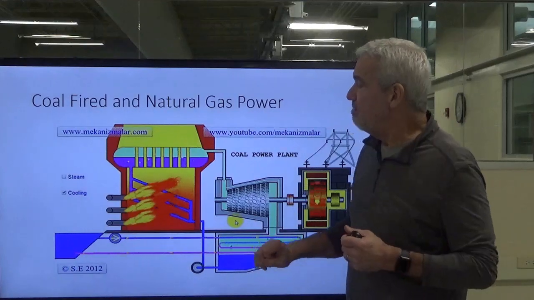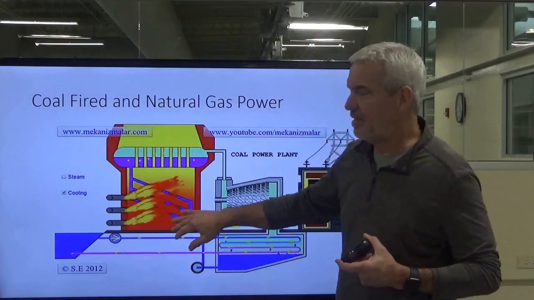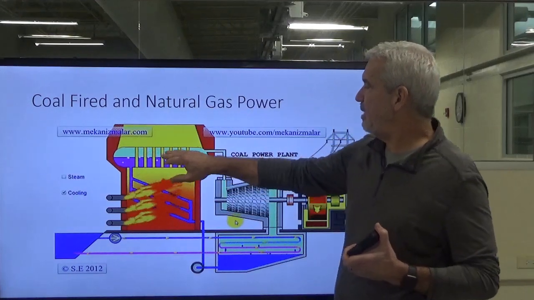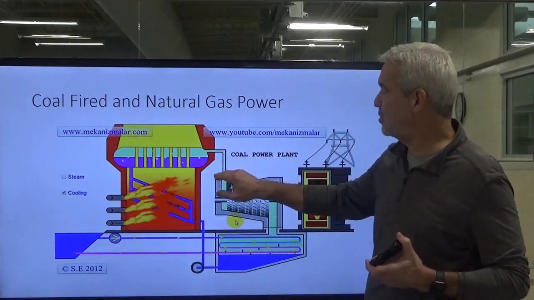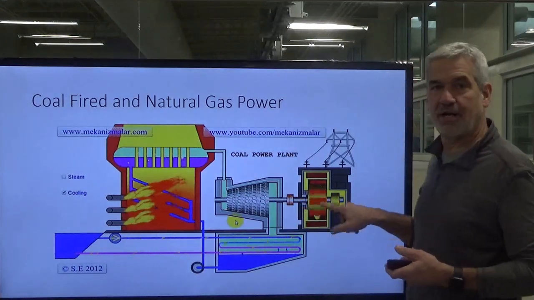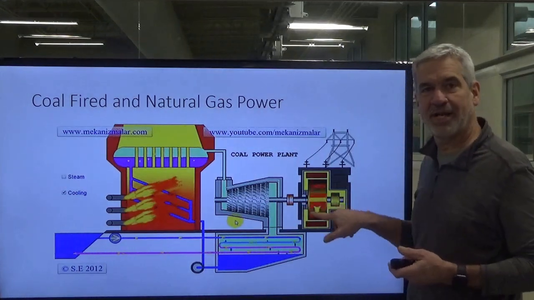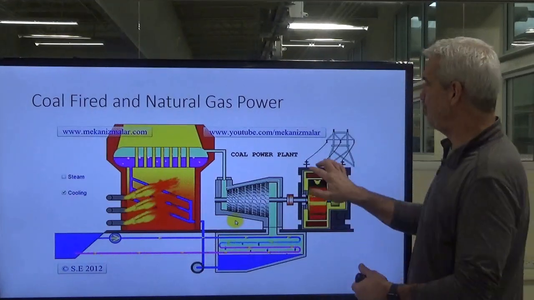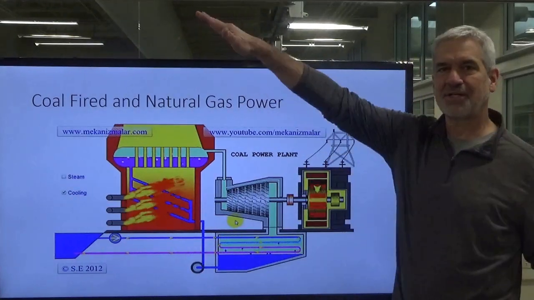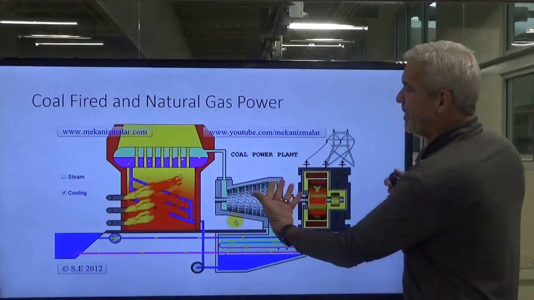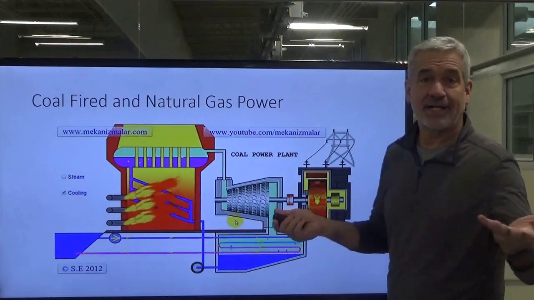They basically create steam in this big, giant boiler, and that steam is delivered at high pressure and spins this turbine. It's connected to a shaft that's turning a rotating magnetic field inside these coils, inducing a voltage in the coils. The voltage is then put out on our transmission lines, and off she goes into our homes, businesses, and industry. So that's a different way of turning this magnet. That's all it is.